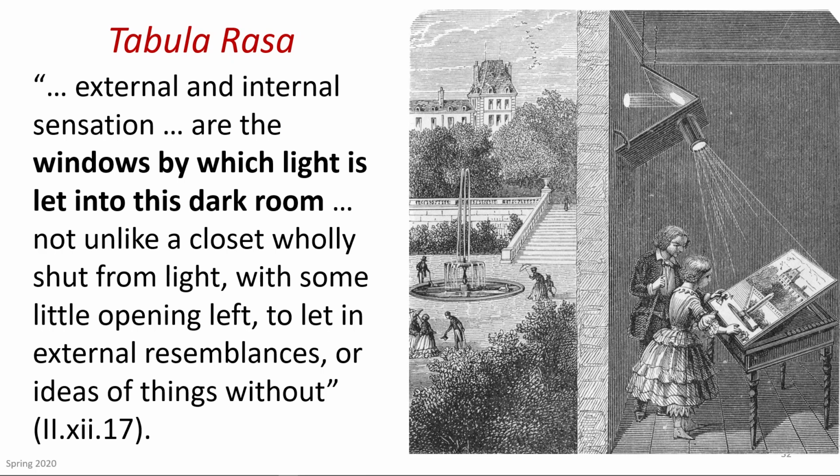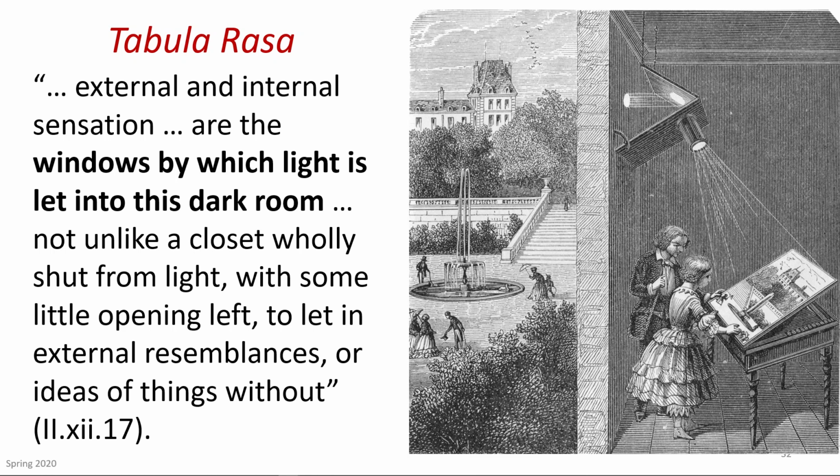So this is just another metaphor for this idea that the mind has no innate ideas, that it's, in this metaphor, completely dark until light comes in from outside. And in this image of the camera obscura, the light comes in in a way that gives us information about what's outside. In this case, it projects an image of what's outside. I also mentioned last time that in the essay, as we have it now, the term tabula rasa does not appear.